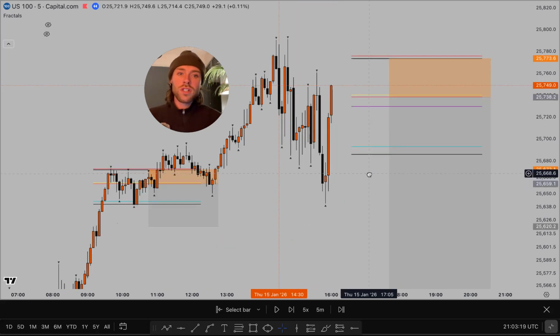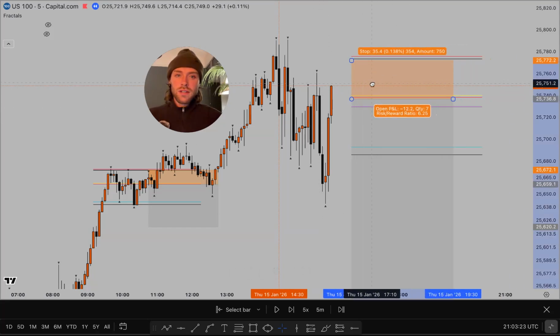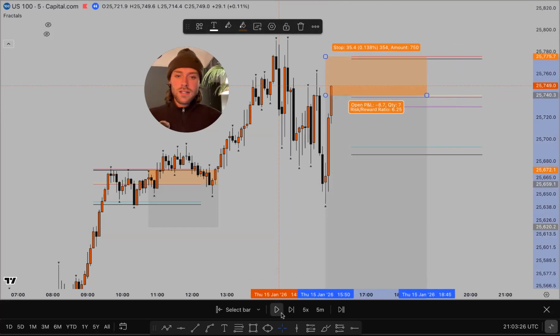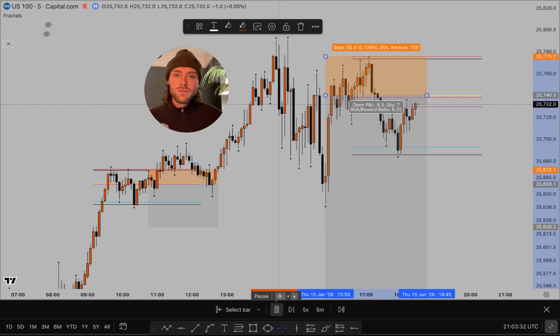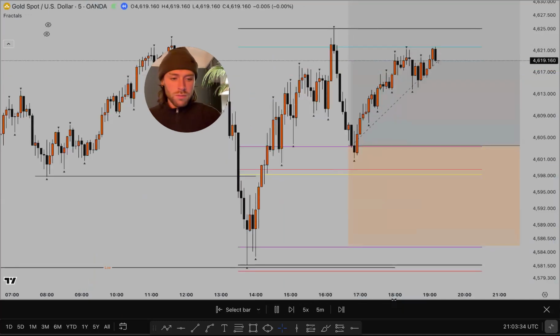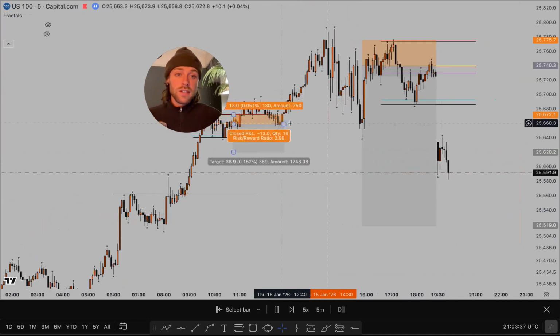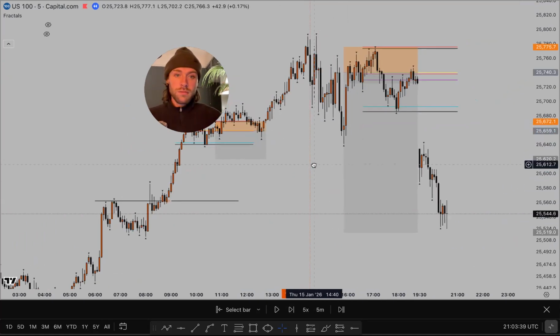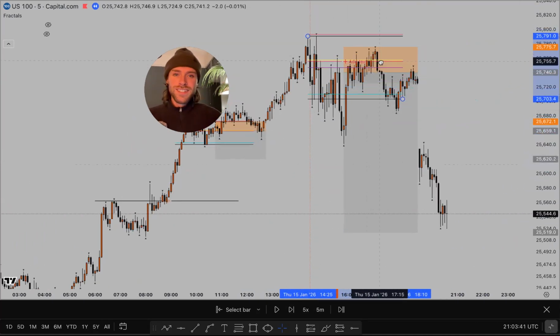Here we break structure, set our limit entry here, and get tagged in. Sorry, I have my fib drawn in the wrong place now. Whoopsie daisies. This is literally what I did today, so I'm literally replaying it.